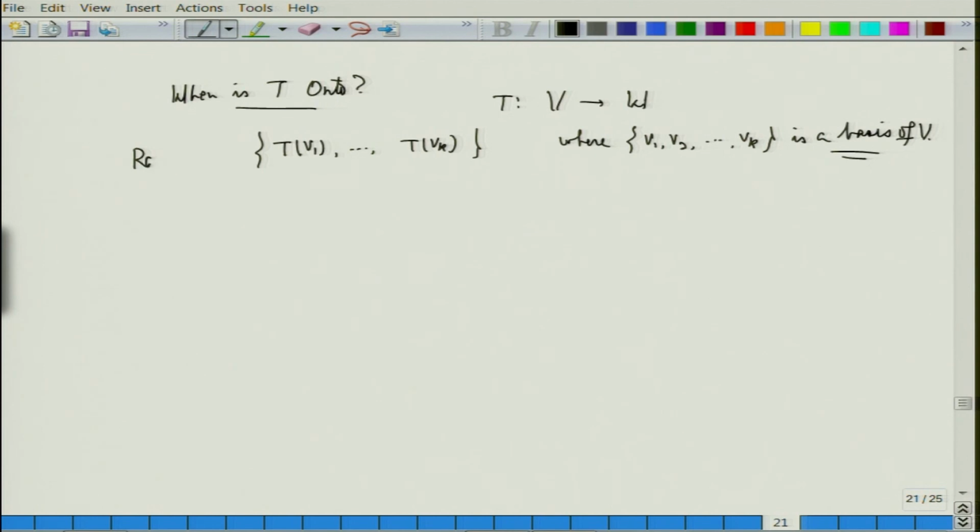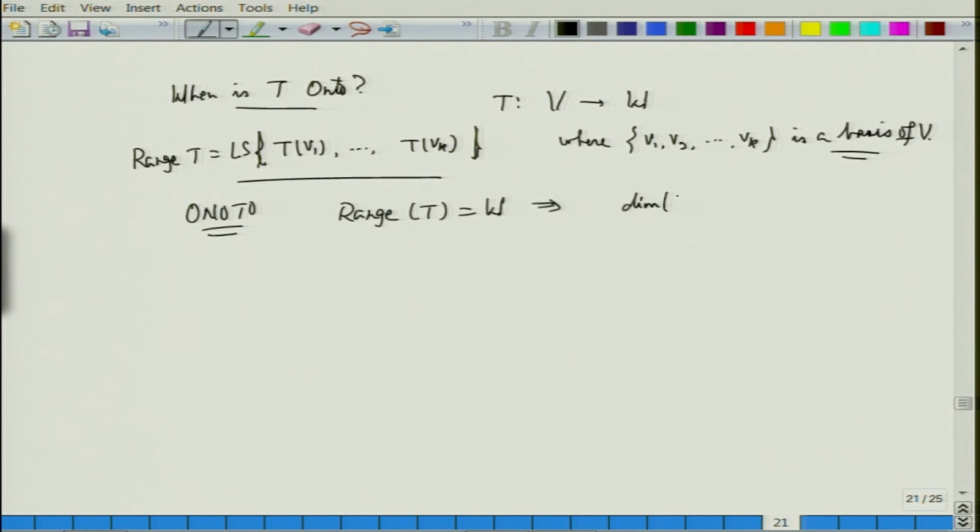So, this gives me the range of T as the linear span of this set. Is that okay? If I want onto, so onto will imply that the range of T should be equal to W. Dimension of the range of T should be equal to dimension of W. Can I say that the dimension of the range of T is less than or equal to the dimension of V?